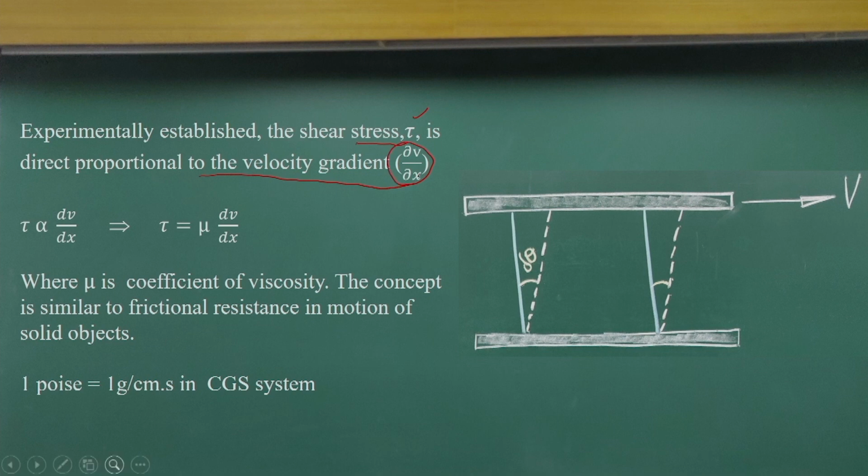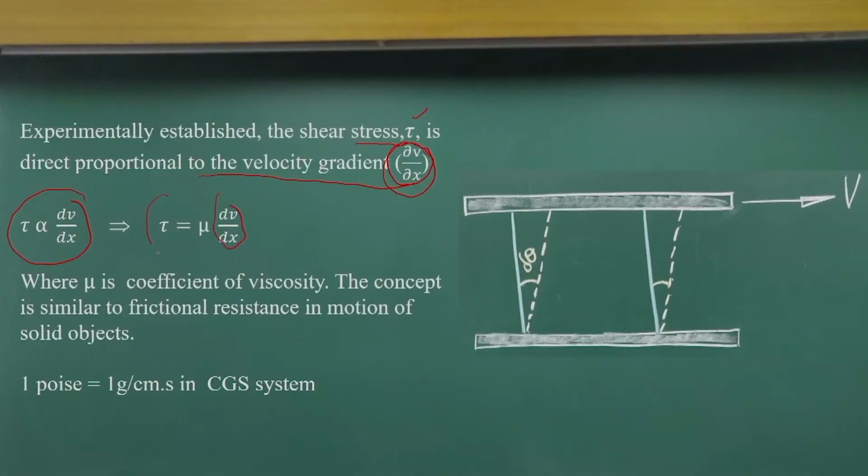Okay. The more velocity gradient there is, the more shear stress you will have, but it is a direct proportionality, and the proportionality constant is known as the coefficient of viscosity or dynamic viscosity.